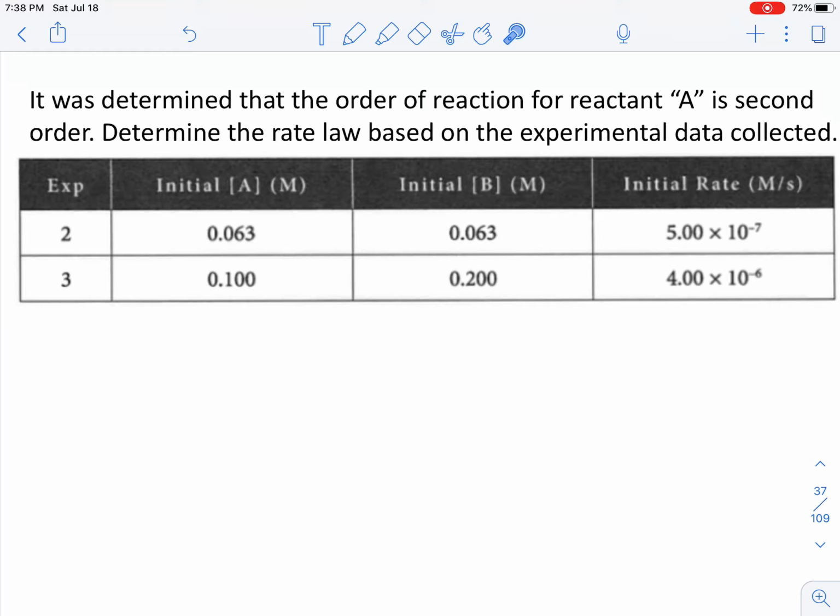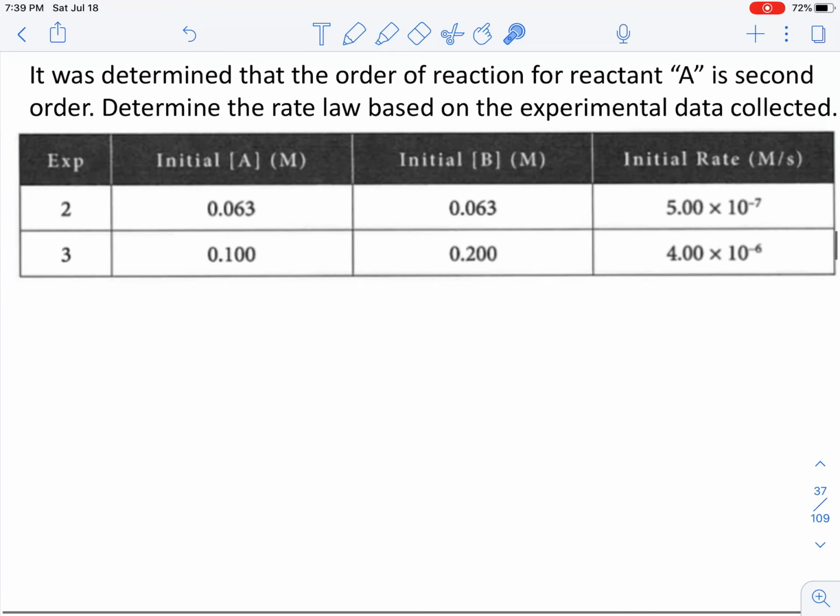And as long as we have at least one of the pieces determined, we can solve for the order of the reaction for another reactant, in this case B. And so to set this up, we're going to treat this like a general method of initial rates problem, in which we're going to take the ratio between experiment 2 and experiment 3.